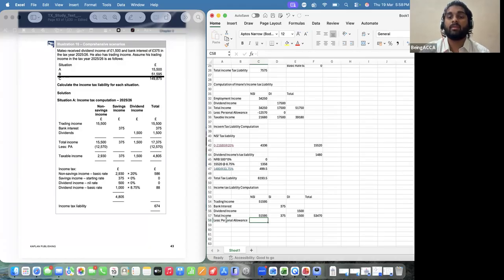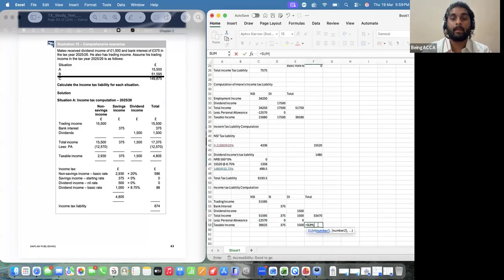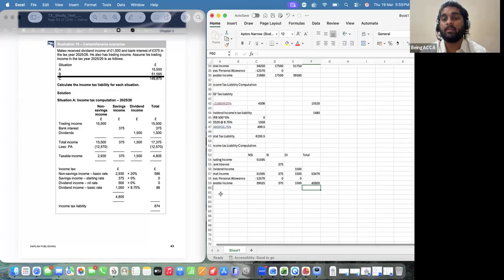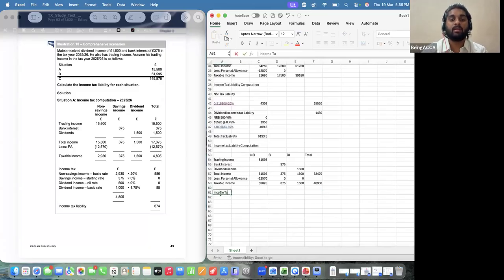So we will deduct it from the non-savings income directly, minus 12,570, giving our taxable income. With this, we have now calculated our taxable income and it is time to calculate our income tax liability.